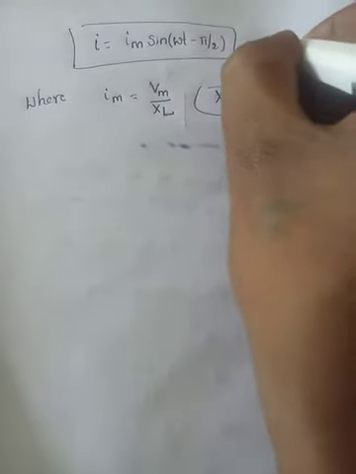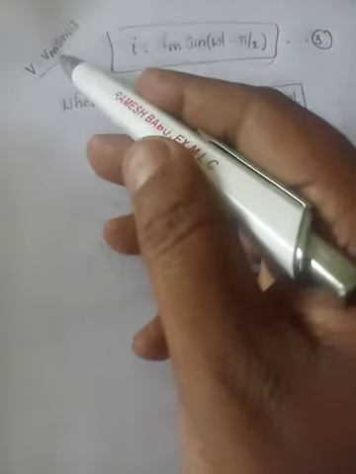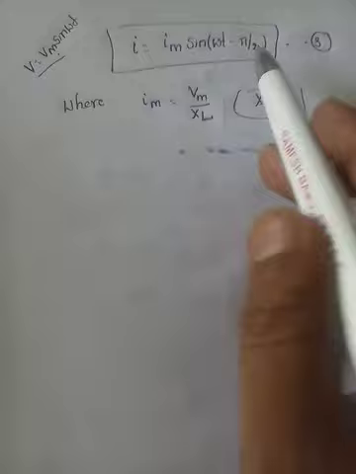Yes. Now, have you observed? Equation 1 is V equals Vm sin omega t. Equation 3 is I equals Im sin of omega t minus pi by 2. Is there a phase difference or not? Yes. What is the phase difference? Pi by 2. It means voltage is leading and current is lagging, because of the minus pi by 2.